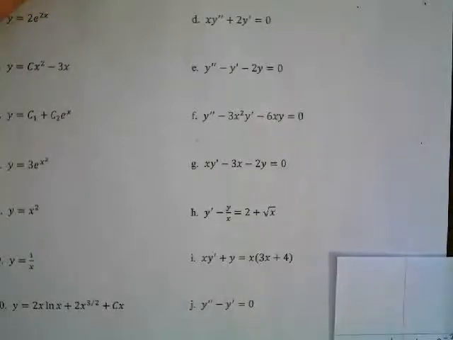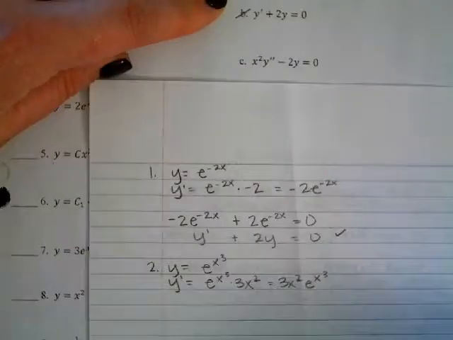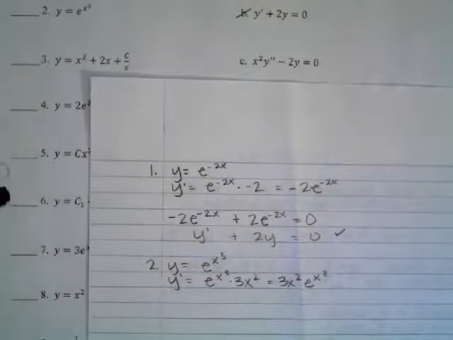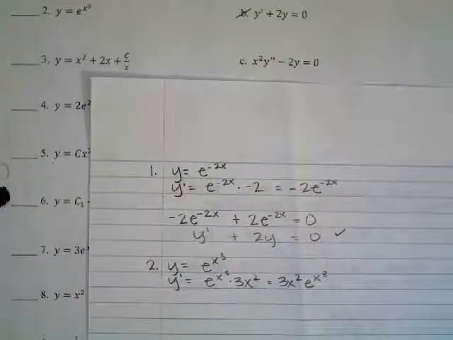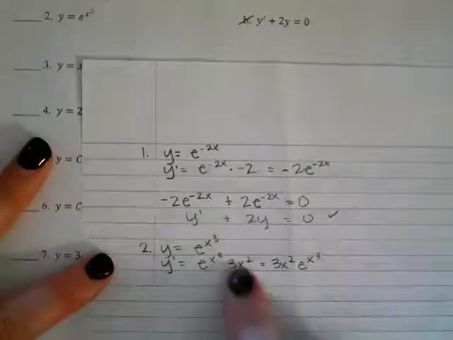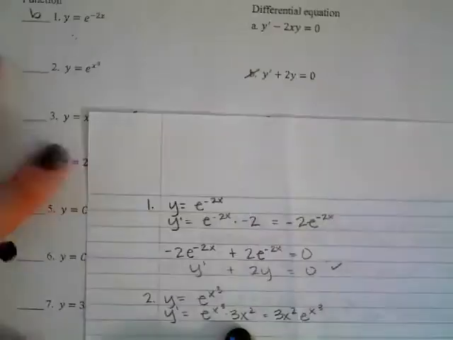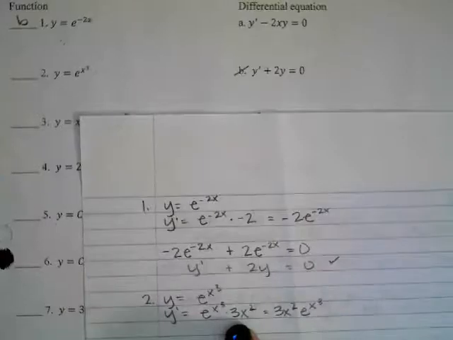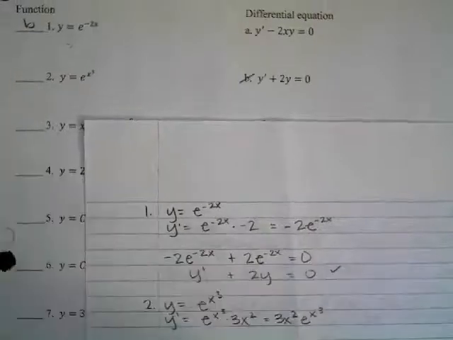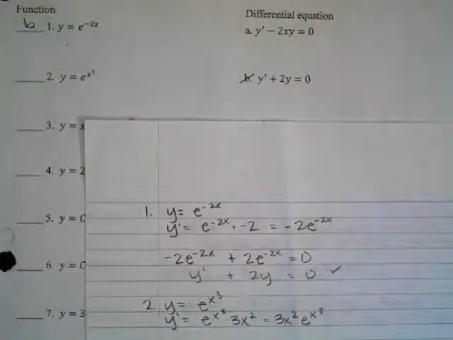So there's a little bit of strategy involved here. When you look at it, you can kind of see which answers make sense. This one, you've got a 3 involved. So when you look at number 1, you go, well, number 1's got a 2 in it, so it can't possibly be number 1. So as you're finding your derivatives, you'll get an idea for which problems make sense for that one.